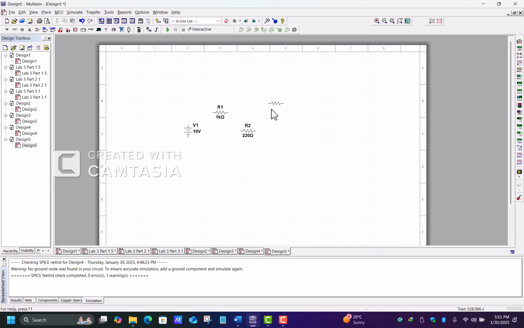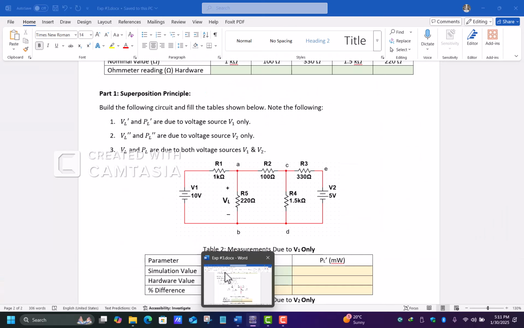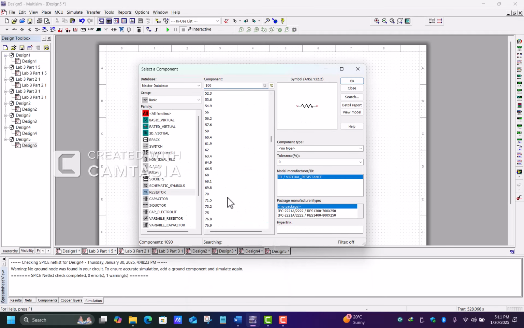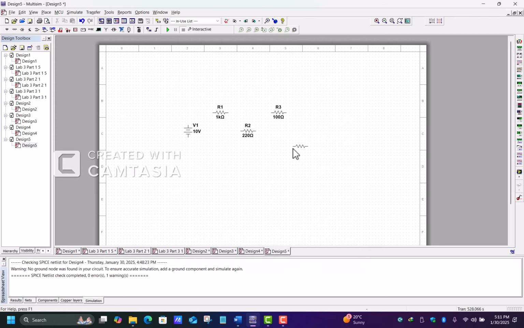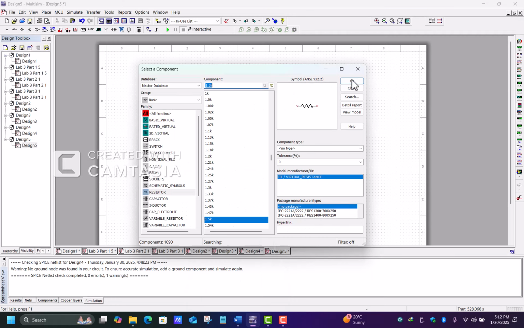This is my 100 ohm resistor. The last ones are 1.5 kilo ohm resistor, and the 320 ohm resistor again.